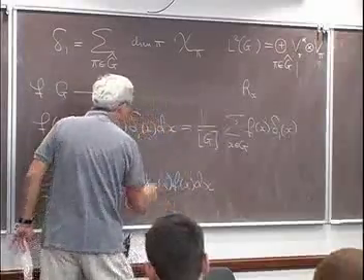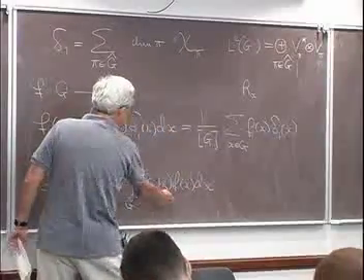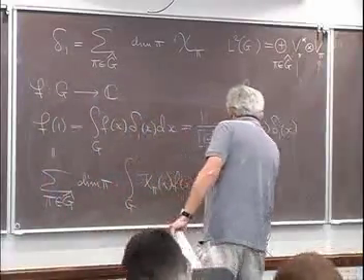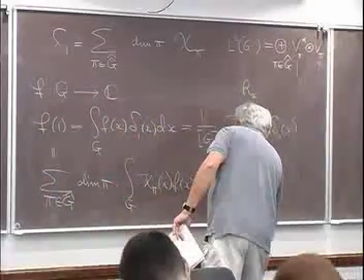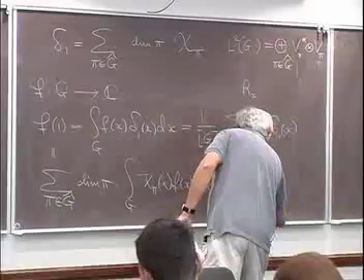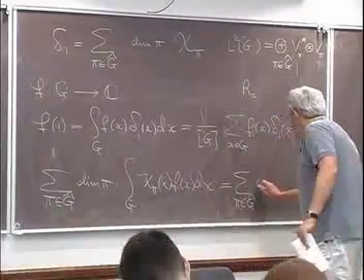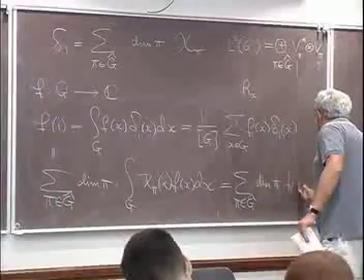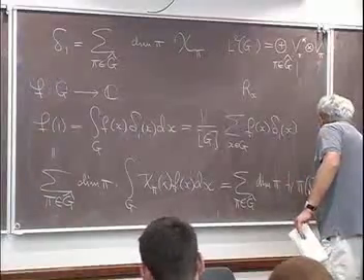But we can interpret this: this is the trace of pi of x. So this is nothing else than the sum over pi in G hat of the dimension of pi times the trace of pi of f.